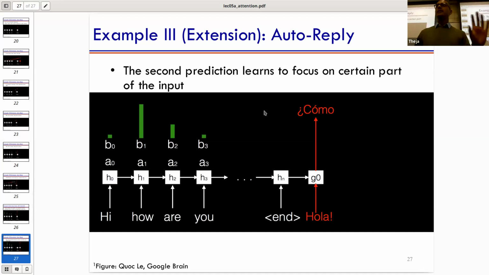But this attention mechanism, although I have shown it in the context of a translation setting, which is a variable length input and a variable length output, you could actually add this attention even when you're doing sentence classification, even when you're doing sentiment analysis. You go through the input sentence, which is variable length, but you don't have to use only the last hidden vector to say whether it's a positive sentiment or not.